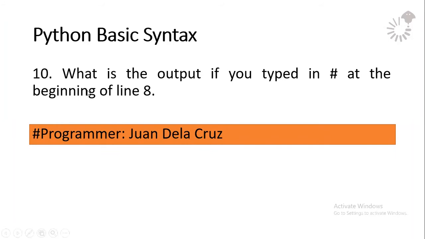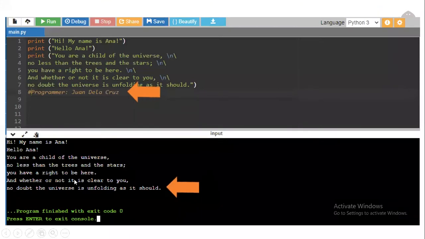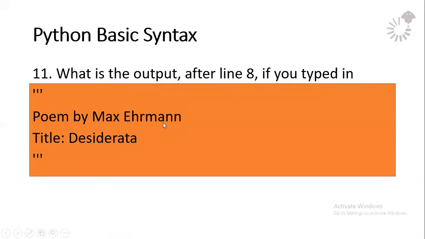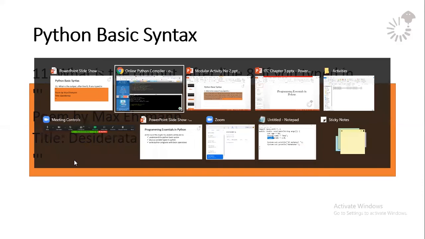Okay, so instruction 10, you add hashtag. So mag-run siya, no syntax error. Next, what is the output after line 8 if you type in, okay, triple quote, poem by Max Ehrmann, titled Desiderata, triple quote.